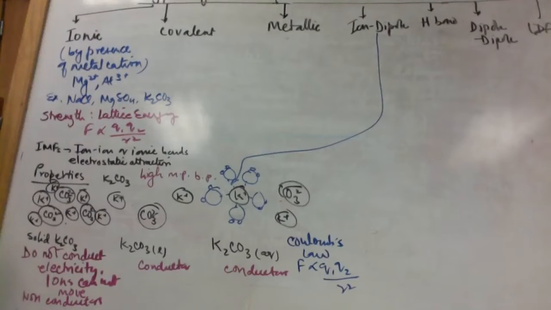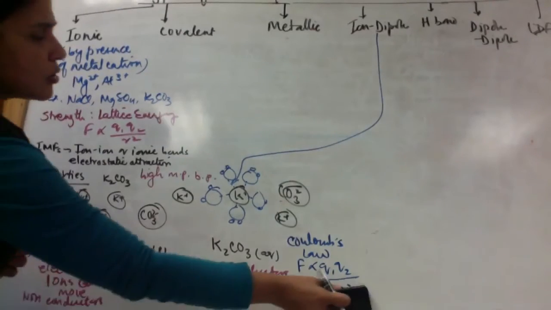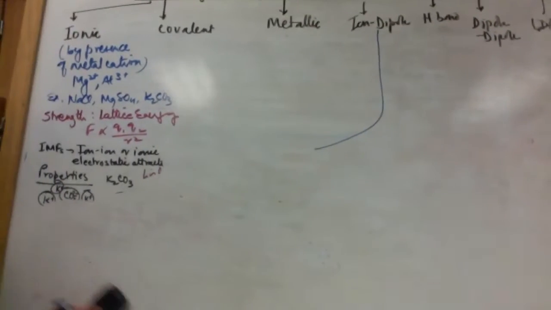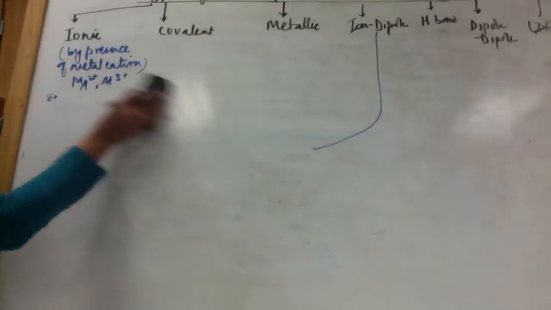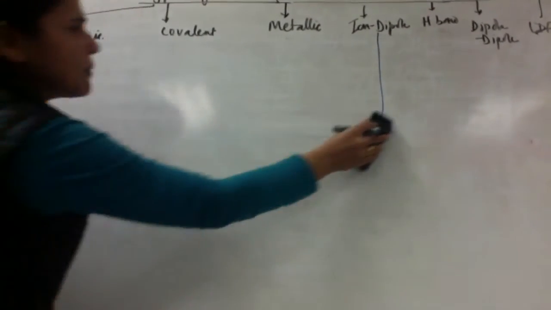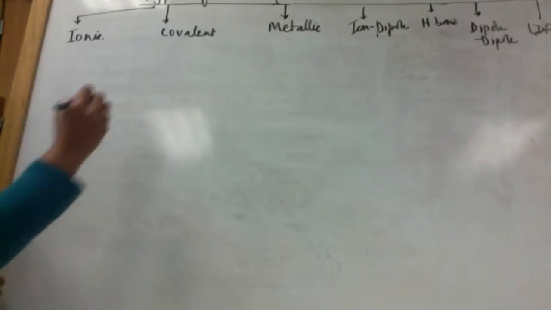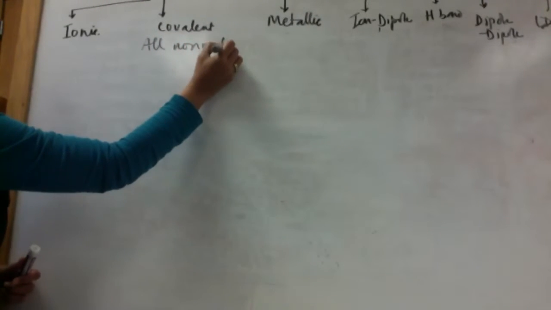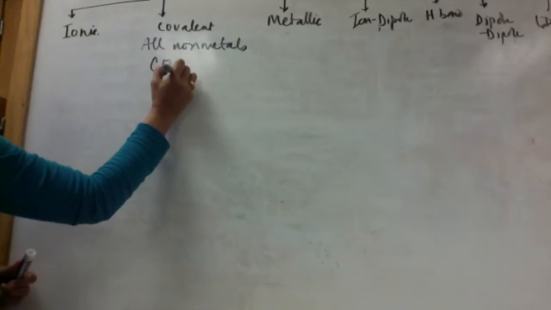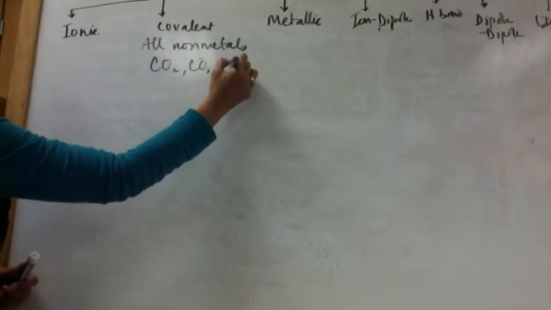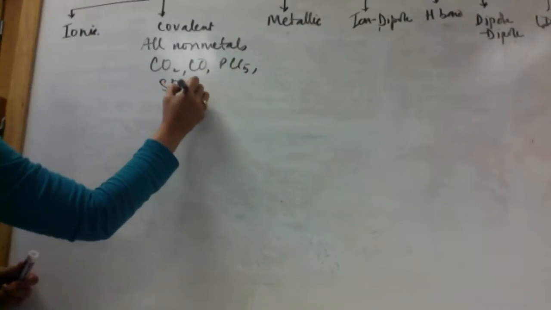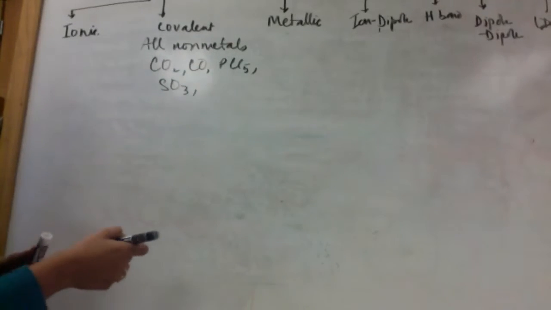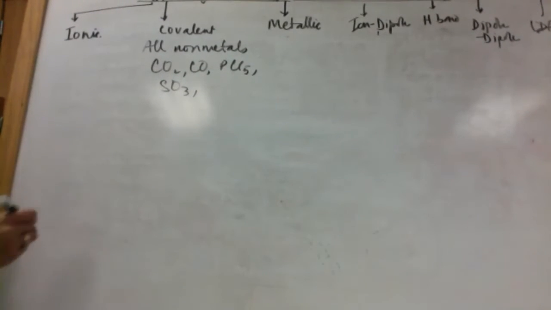Now I am going to erase it and move on to covalently bonded molecules. In covalently bonded molecules, you have all non-metals. You don't have any metals in there. CO2, CO, PCl5, SO3, all of these are covalently bonded compounds.